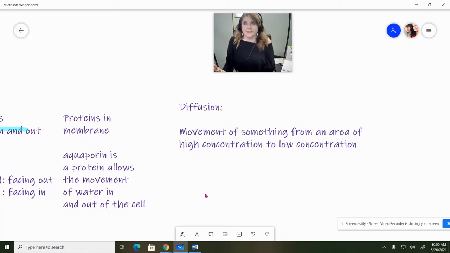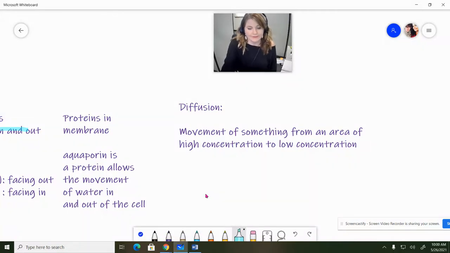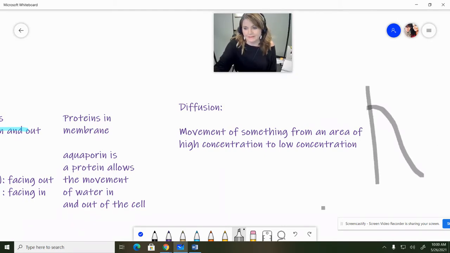You have to think about concentration. What does that mean? Where you have a lot of something to where you have less of something. And I always use the analogy of a slide. So if I have a slide on the playground, right? This is my slide.